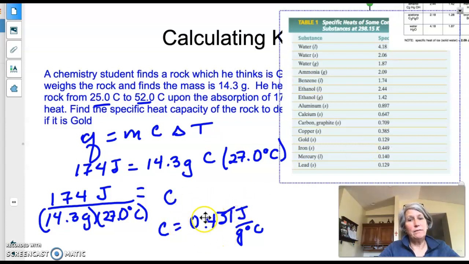So this isn't gold. Unfortunately, the student didn't find gold. He found something else. So those are examples of how you do some calculations with the Q equation, or what we call the MCAT equation. So good luck and continue on with your learning.